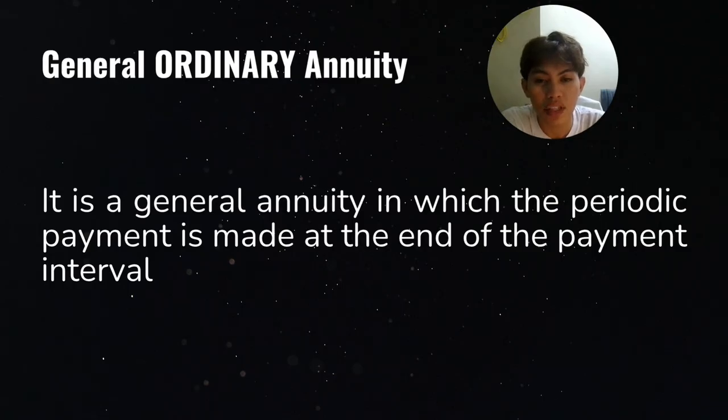Let's proceed with the general ordinary annuity. Of course, as the previous groups have discussed, ordinary annuity is when you pay at the end of the payment interval. But then it is a general ordinary annuity based on the definition: the payment period and the compounding period are not the same.